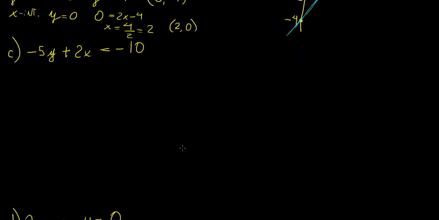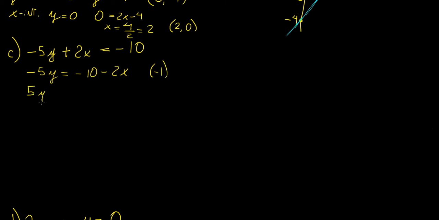Now we're going to solve this one. Same procedure again. It's very straightforward. We're going to rearrange the equation in terms of y. So let's subtract 2x from both sides. Minus 5y equals minus 10 minus 2x. Now let's multiply both sides by minus 1.